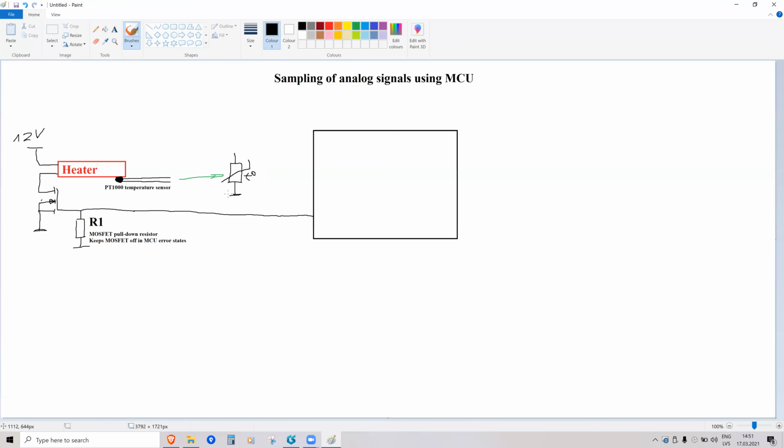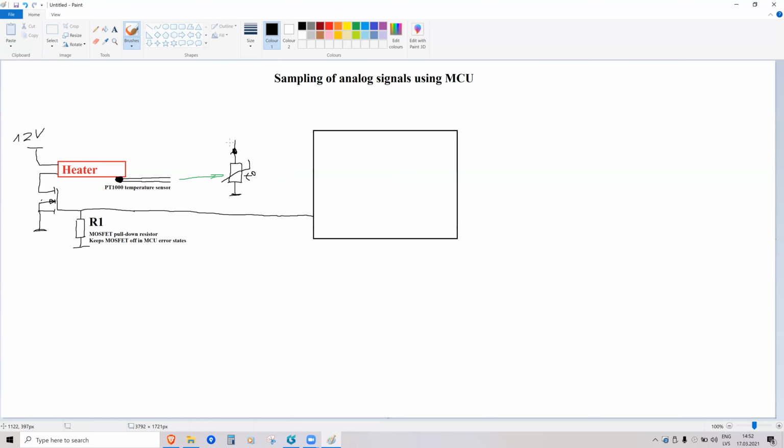But usually people try to make the schematic in such a way that the analog signal is referenced to ground. So, as resistance goes down, it goes closer to ground, so the level is lower, and when it goes up, it means that voltage on its top part increases, voltage goes up, and the controller can detect it.